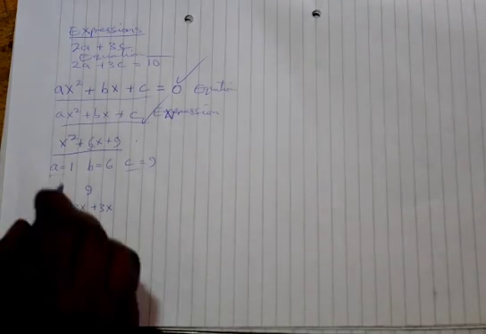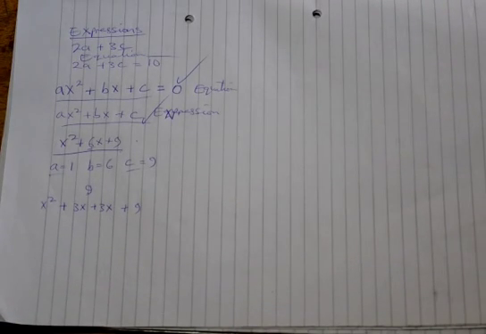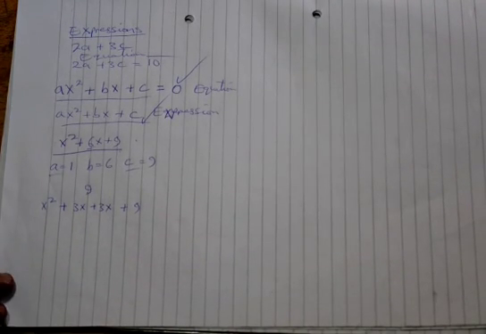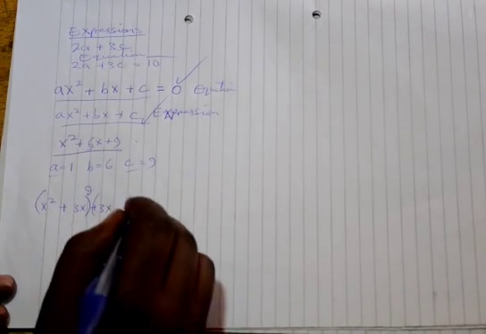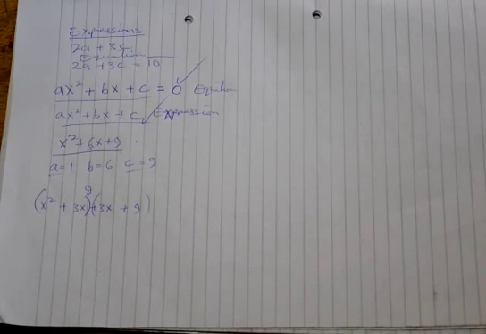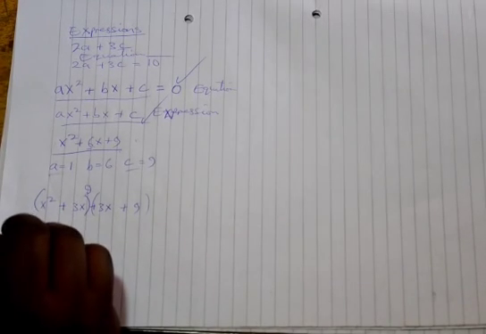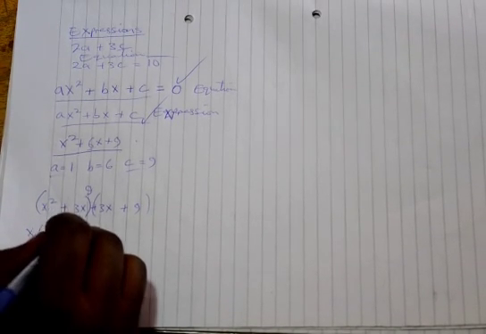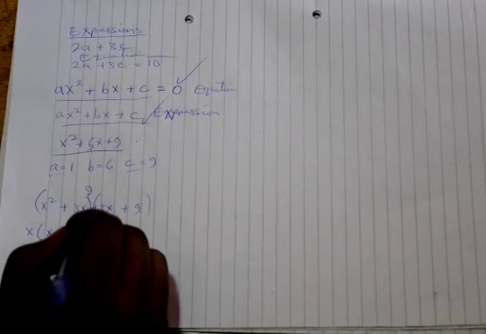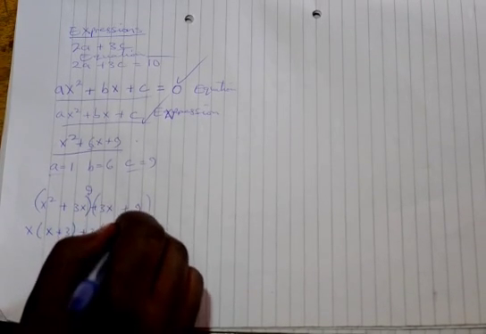Both will give you 6x plus 9. And then we factor out. We can start on that end and then go to that end. So we factor out whatever we have in here, which is x times x plus 3, and then plus 3 times x plus 3.